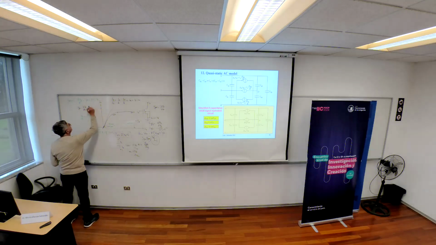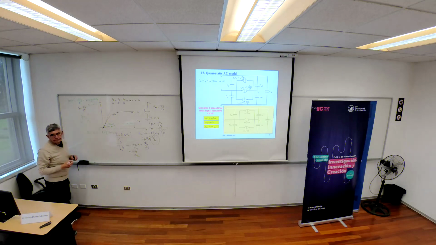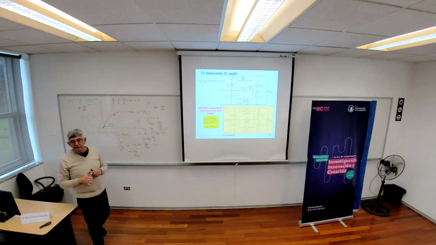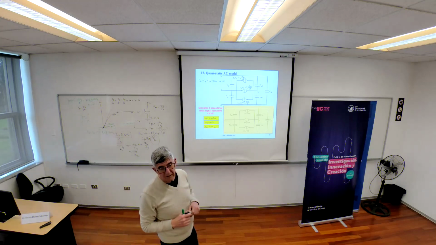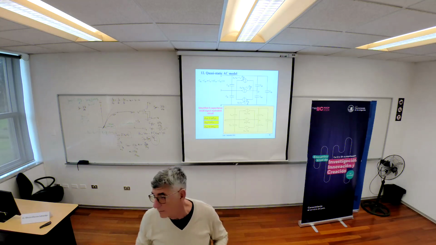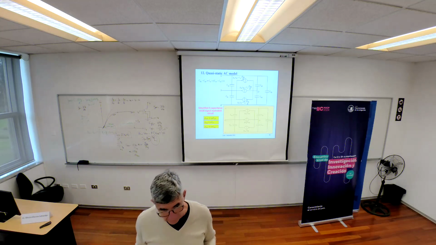You see that if Gm is much higher than ωC, then you can just remove this term. That's the reason why we generally don't use all the capacitors that are needed in a complete model.